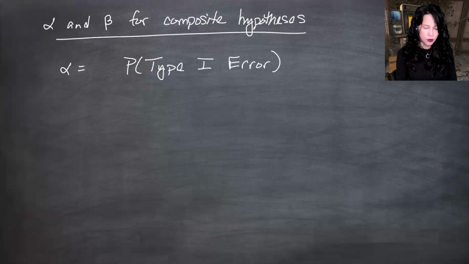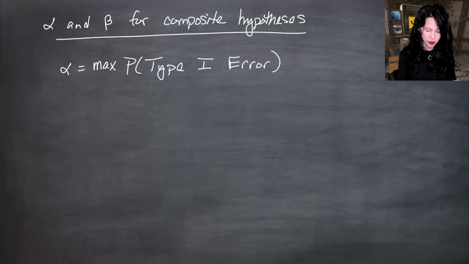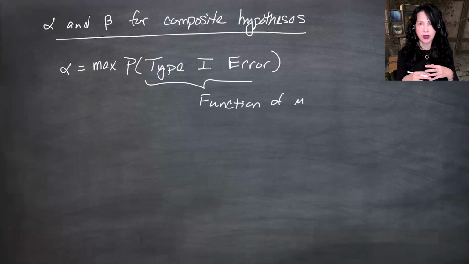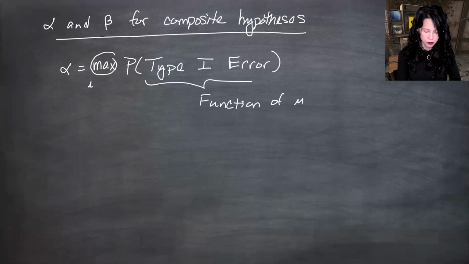And now what we want to do is control not only that error, but kind of the worst case scenario, the highest probability error. So we're going to look at a maximum here. And that maximum, in our previous example, is a function of mu, or in general theta, and we're going to max over all mu in, so I'm going to put, is an element of, the null hypothesis.